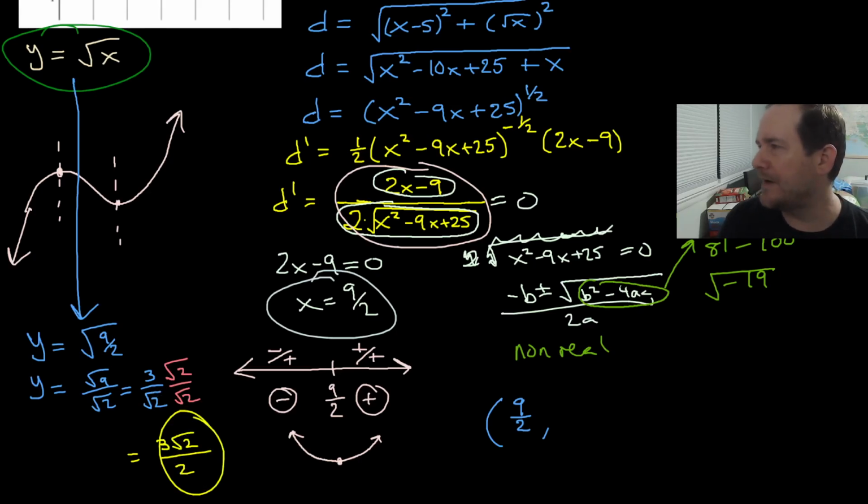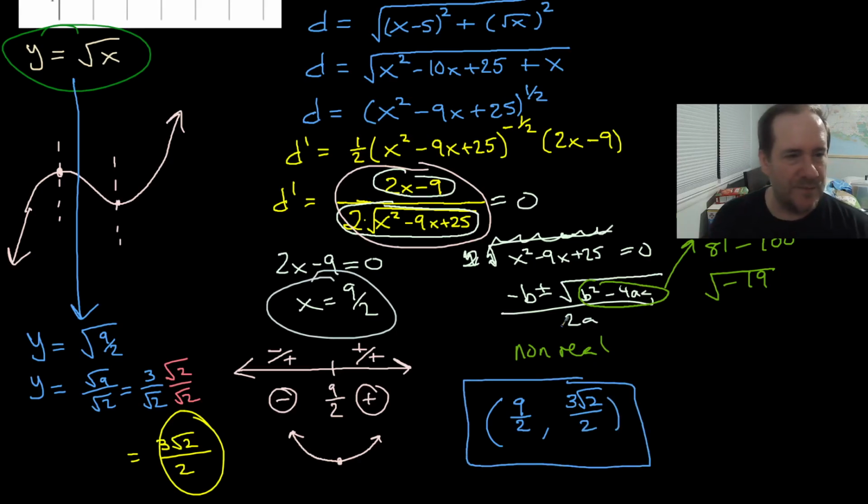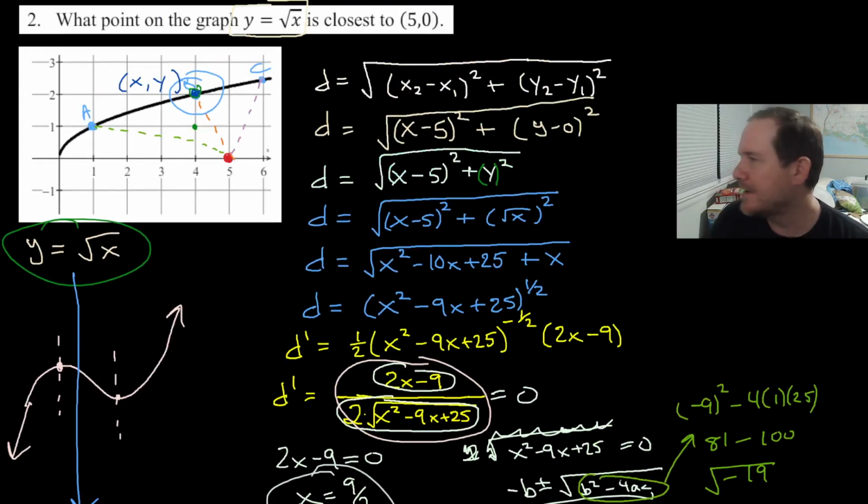So that means our final answer here is the ordered pair. It's the point 9/2 and then 3 root 2 over 2. That is the point that would be at the minimal distance. And by the way, if you take that point and go back to the graph, 9 over 2 is just 4.5.